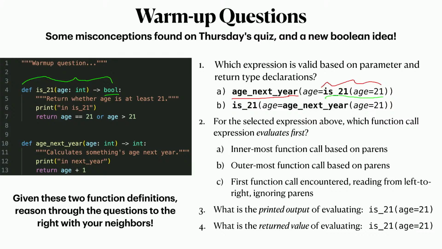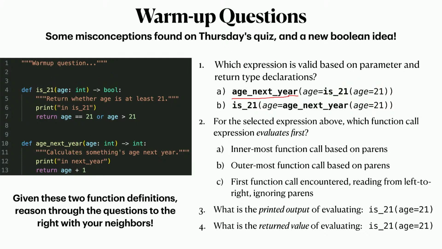So we would expect this to evaluate to a Boolean value. And then when we go to check the correctness of this call to age next year, it has this parameter named age, and we need to make sure that those types match up. Well, age next year is expecting an integer, not a Boolean. So A is actually an invalid option.